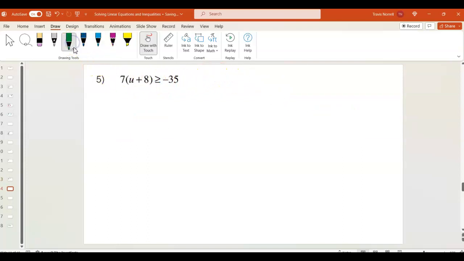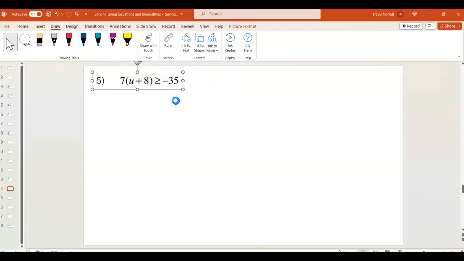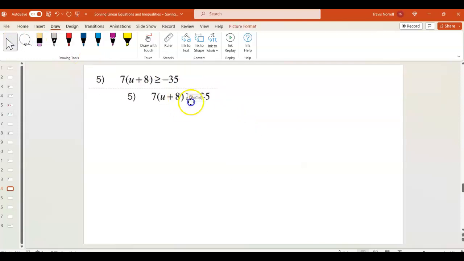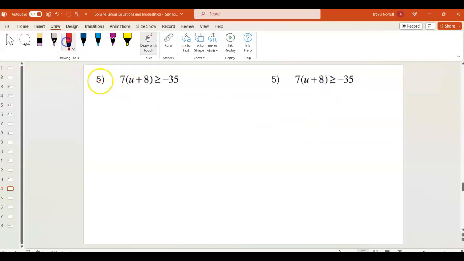Okay, this would be an instance where you would want to distribute first, or you don't have to. You can get rid of the 7. You could actually solve this two ways. You've got PEMDAS.